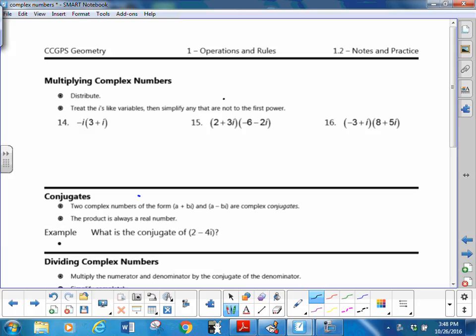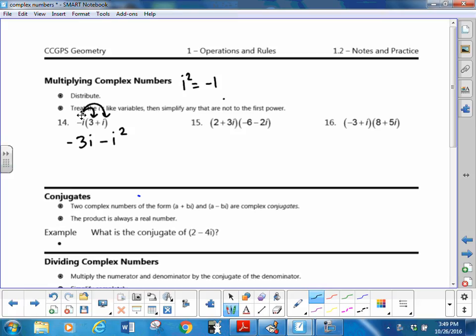First thing I'm going to do is distribute the negative I. That gives me negative 3I minus I squared. And we learned that I squared is equal to negative 1.